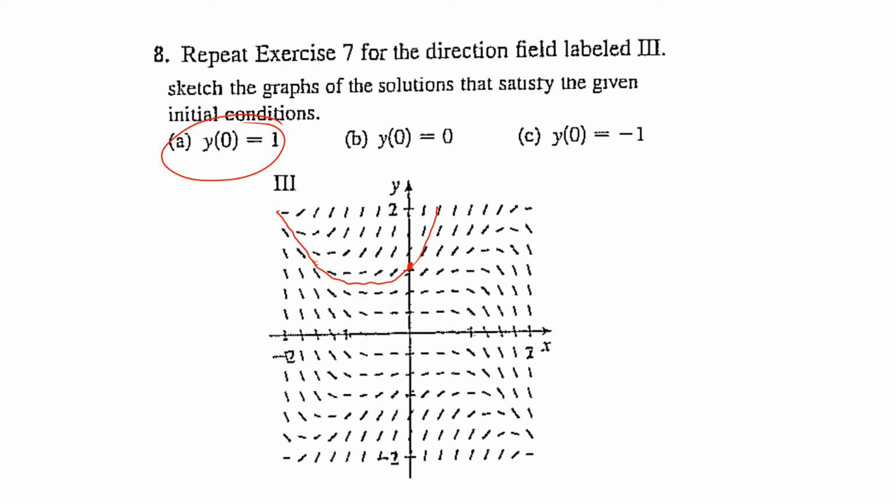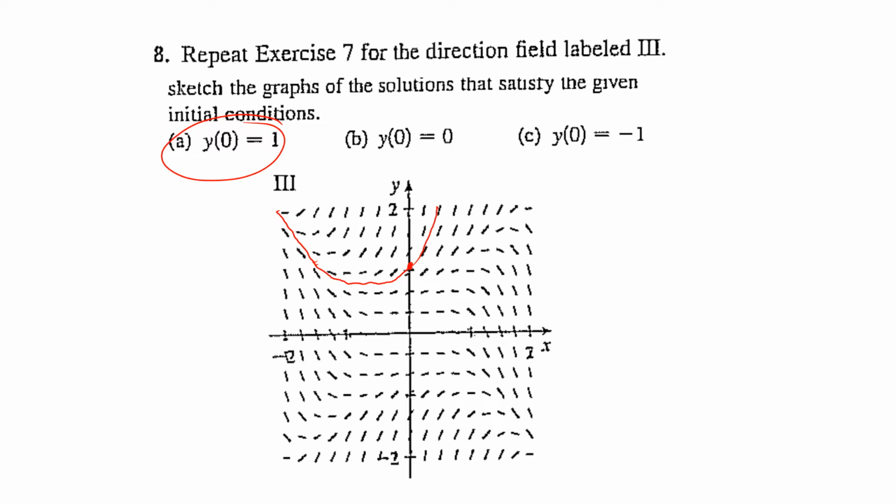So a curve something like that is what you can expect as your solution. Maybe have a go at B and C on your own. If you'd like, I'll have a go at B, and maybe you can do C on your own as well. Pause it if you wish and then come back to it.